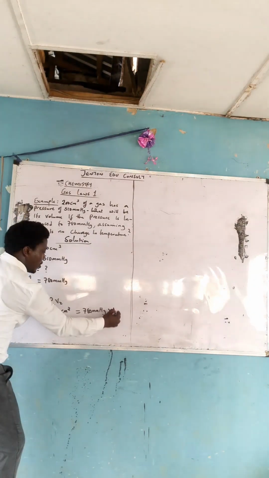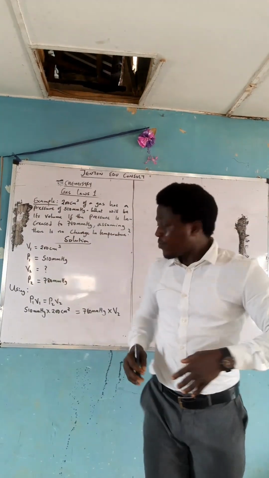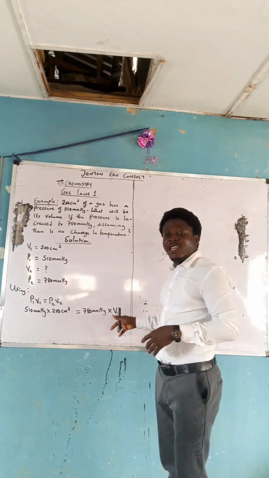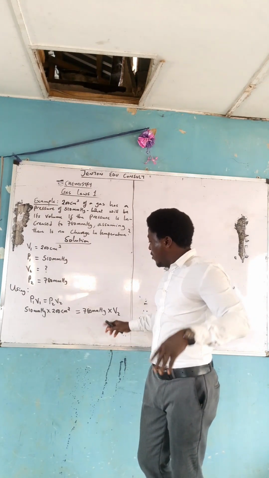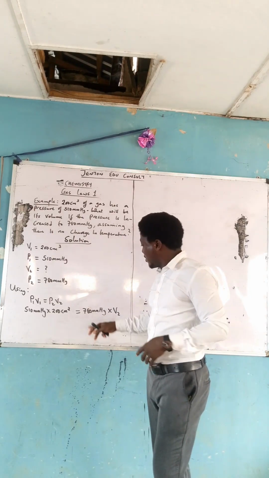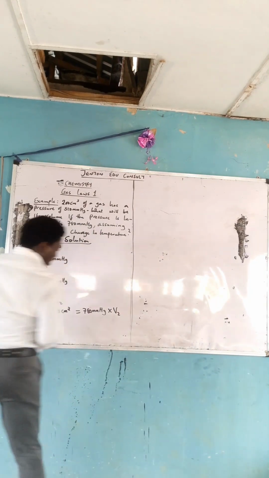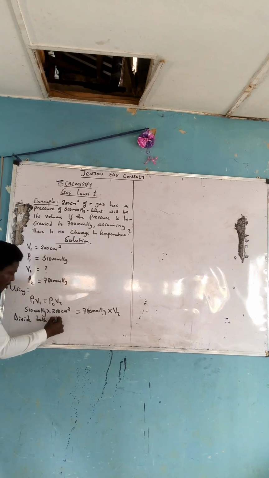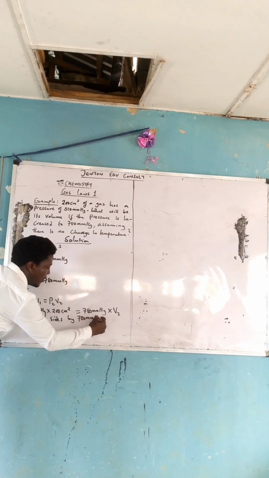I don't know V2, so I will still call it V2. Now, this is what we want to do in this question. We want to find our V2, and the only way to find V2 is to take the coefficient of V2 off the equation. To do that, we are going to divide both sides by that coefficient. And what is the coefficient? 780 millimeter mercury. So I will just say, divide both sides by 780 millimeter mercury.